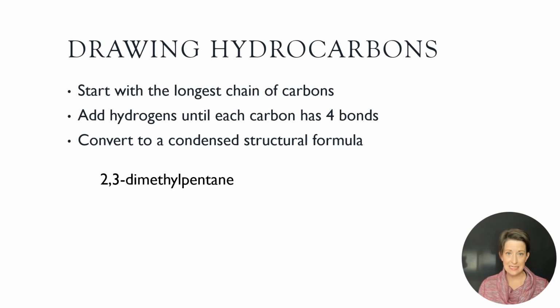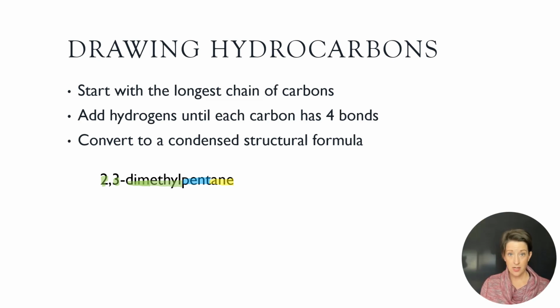And then we see the dimethyl, that is the branch we are using. Pent tells us the number of carbons, so that is the parent name. Ane tells us that they are single bonds between each of those carbons.